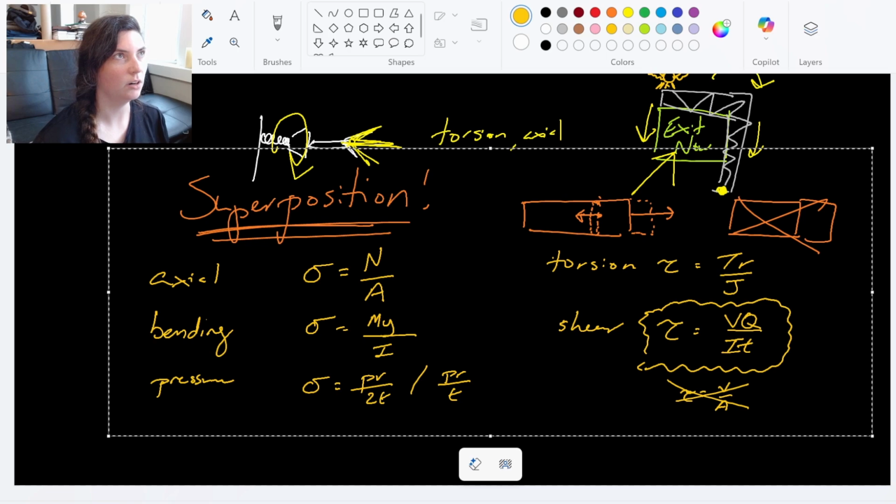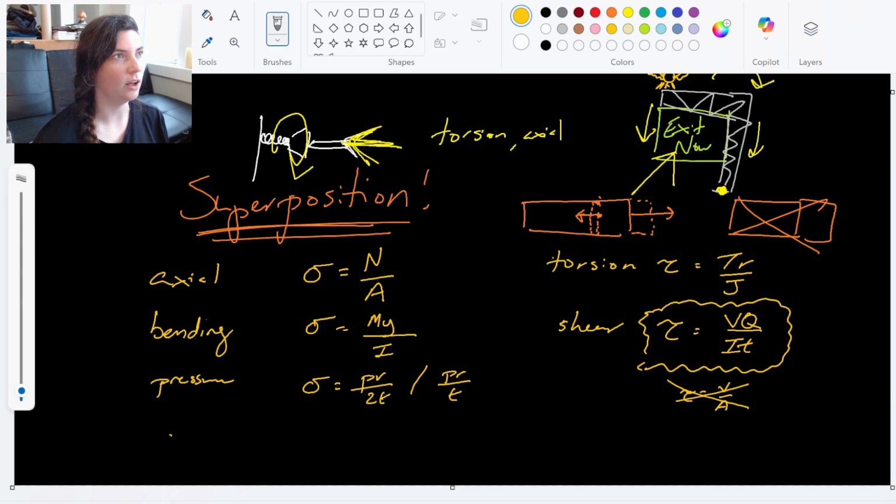For our normal stresses, we're going to add all of our sigmas together. Normal stress is just going to be the sum of every one of these applied stresses that we have: the axial normal stress, the bending stress, any pressure stress that we might have.